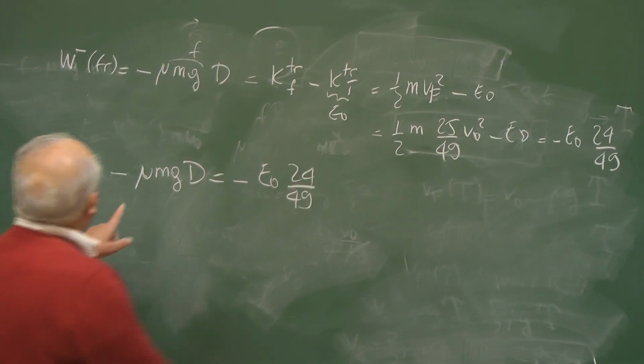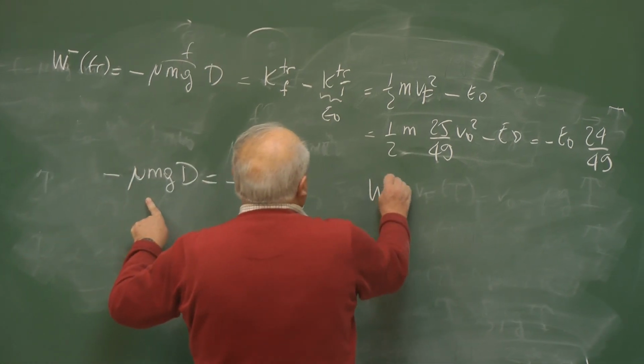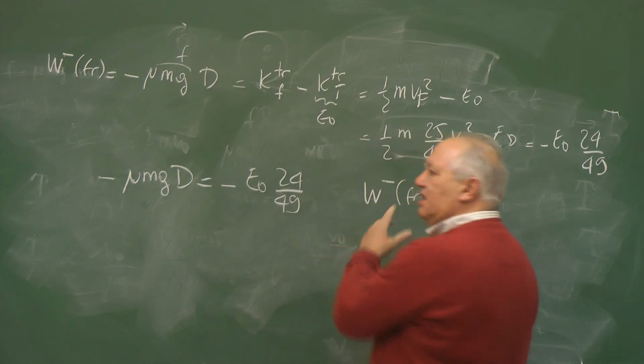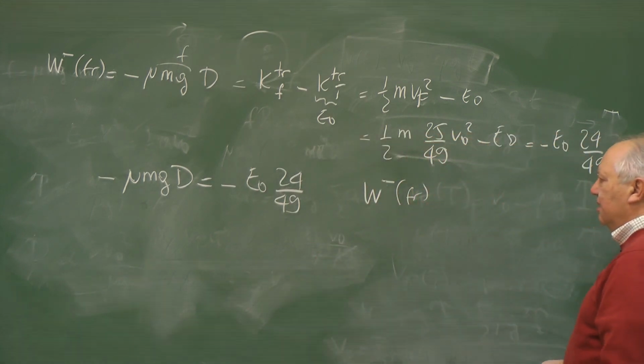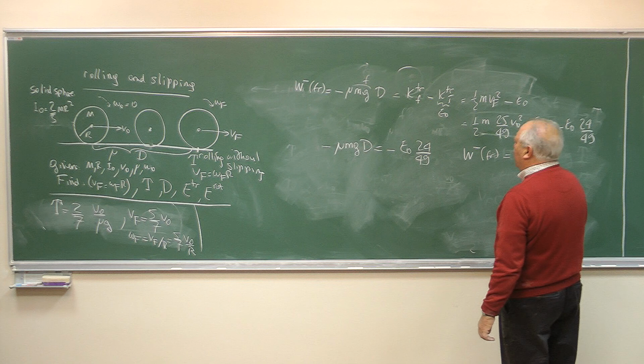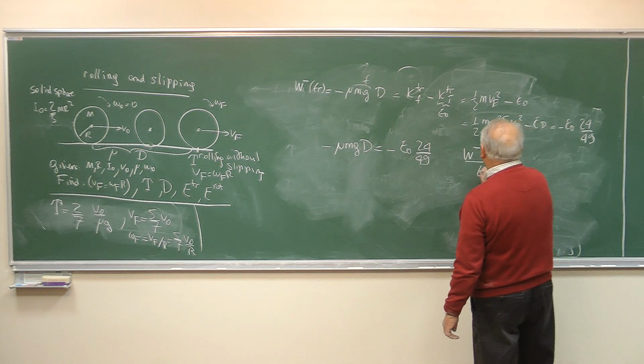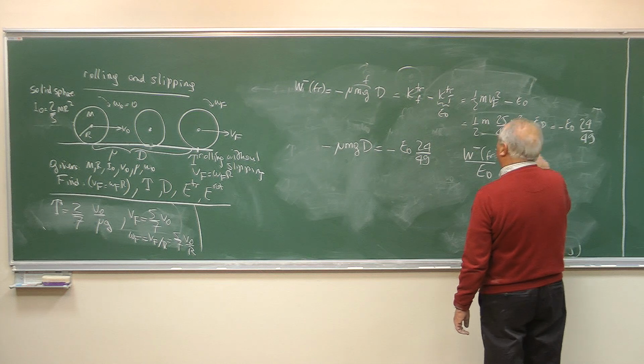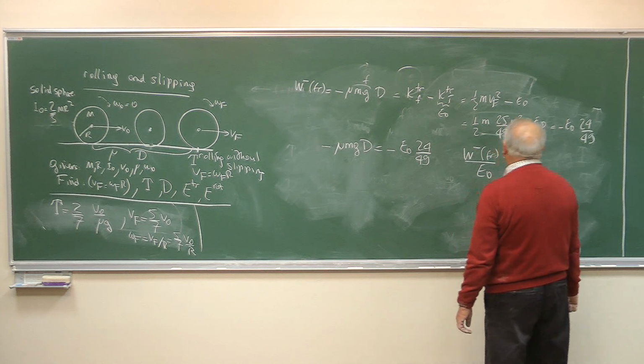In other words, W of friction, I'm saying minus, it's eating up the energy. Divide by E0, it is minus 24/49.